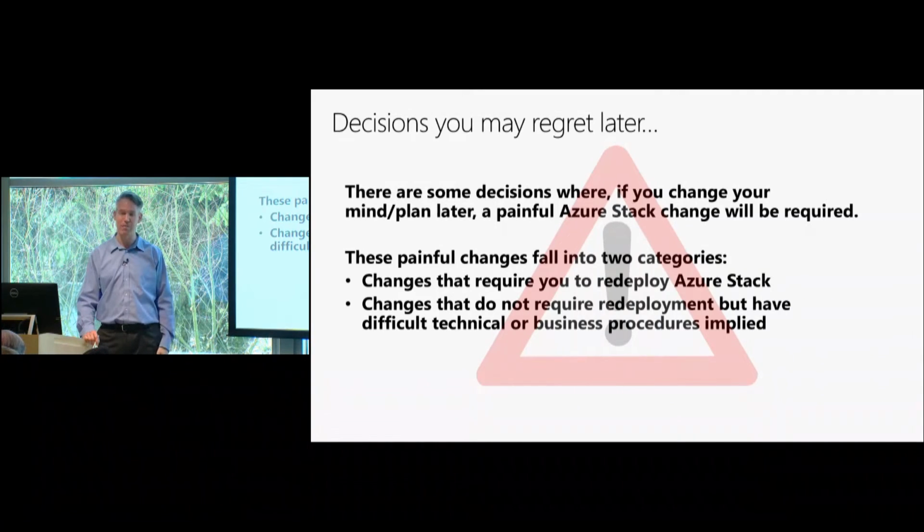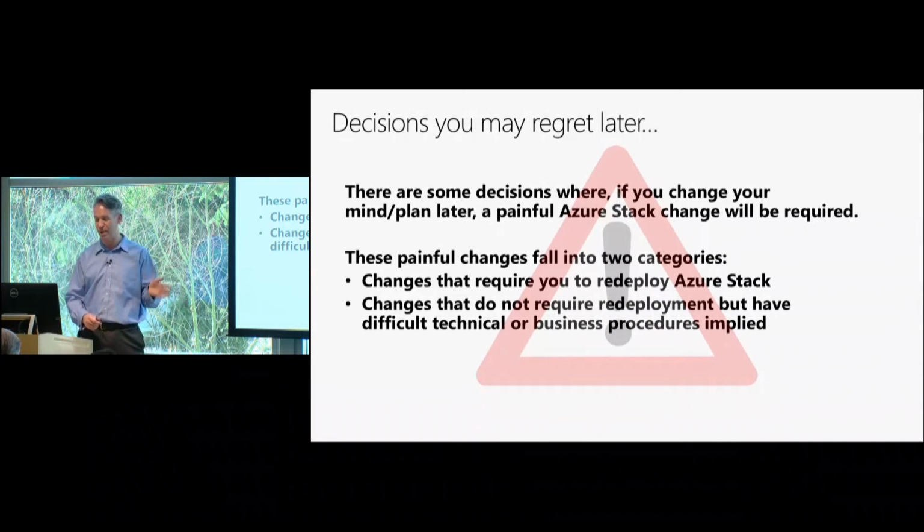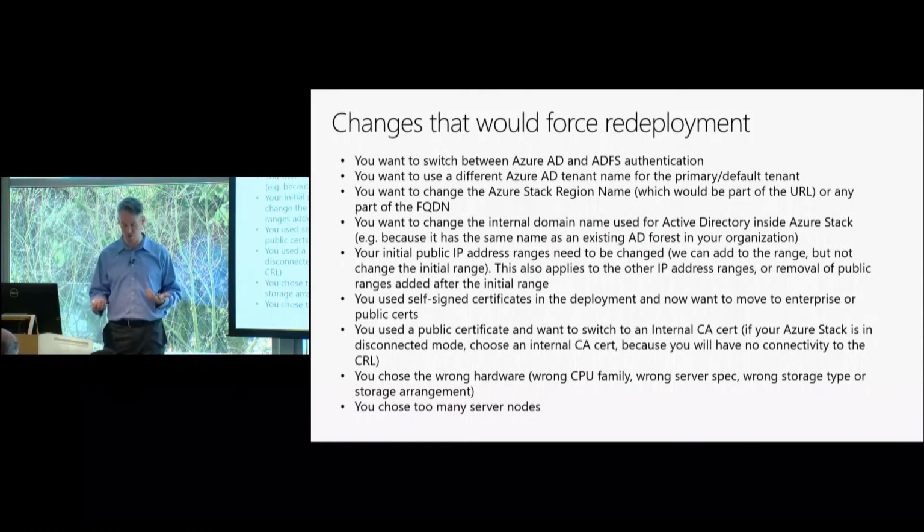The OEM comes in, they suck up your answers, you redeploy Azure Stack. Any workloads you had on it, you've got to be responsible for taking them off and putting them back on. You've got to re-download the marketplace, all those steps. So that's the disastrous case. There are some other decisions that you might make that would be bad, but you can work your way out of them. So we'll divide them up into those 2 categories.